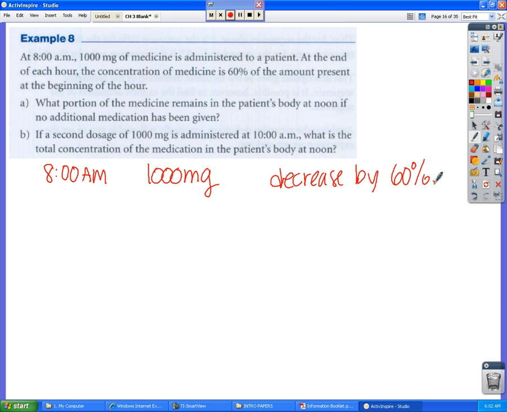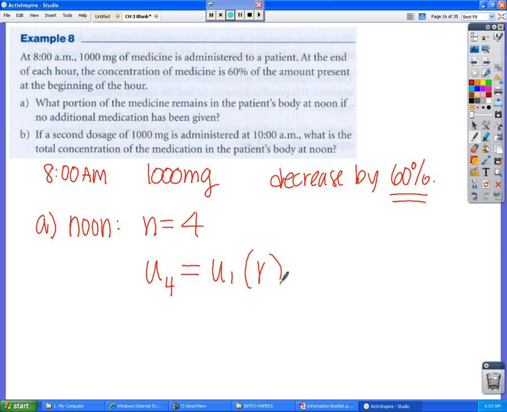So letter A, you want to know for noon. That would be that the n is 4 hours later. So this is geometric because we're decreasing by a percent. Anytime you decrease or increase by a percent, it is going to be geometric. So u sub 4 is equal to the u sub 1 times r, common ratio, to the n minus 1. So u sub 1 is 1,000 milligrams is where we're starting.